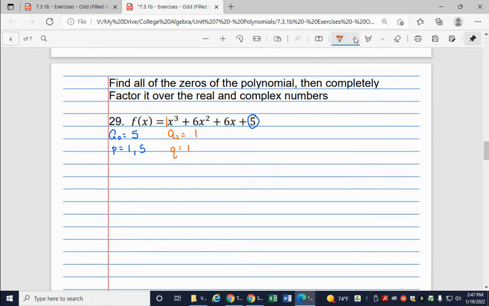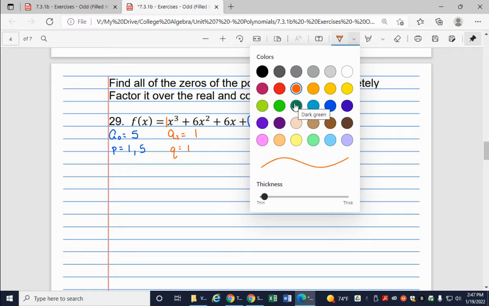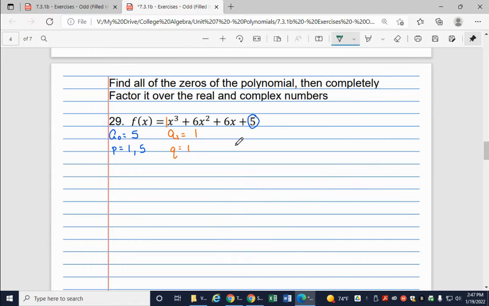Then we use our P and our Q to find our possible zeros. Our possible zeros are all the factors of P divided by Q. Okay, so that means I can put 1 over 1, which is just 1, or I can put 5 over 1, which is 5, and then it's the positive and negative of each of those.